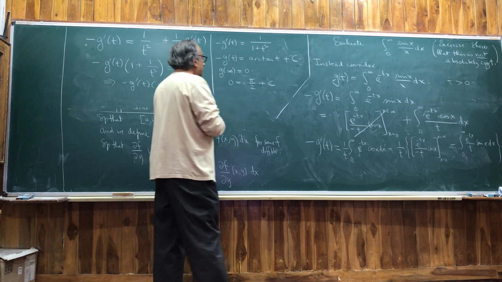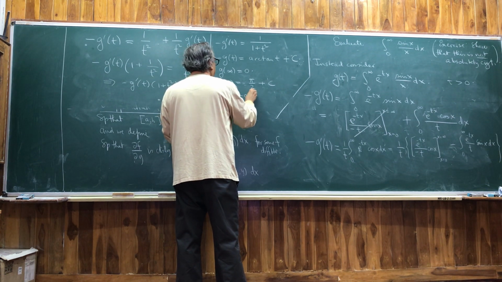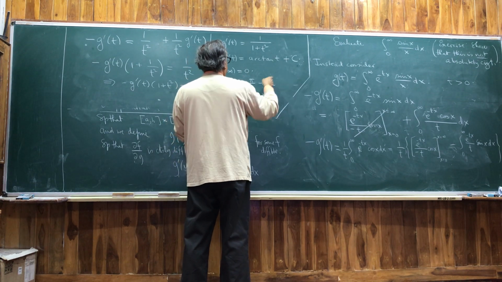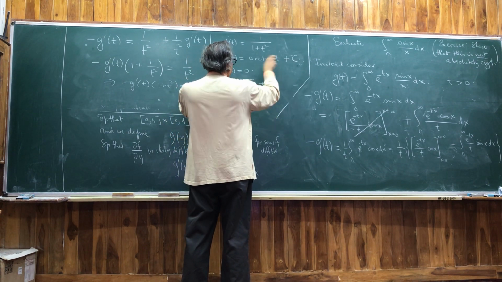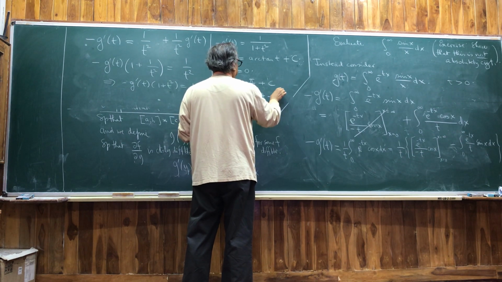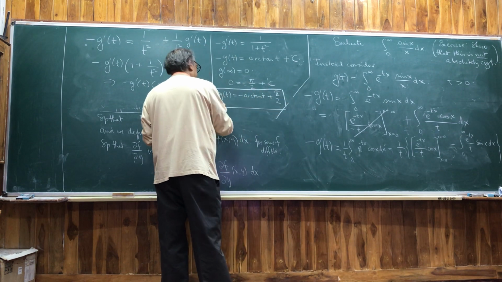And therefore, c has to be minus pi by 2. So this means that g of t is equal to minus arctan t, and c is minus minus, it's a plus, so plus pi by 2. Fair enough?